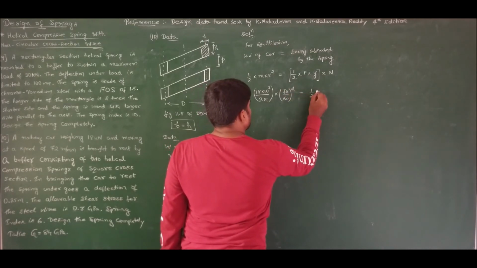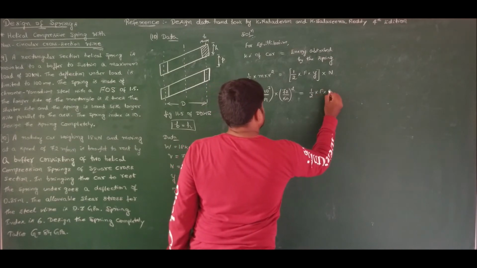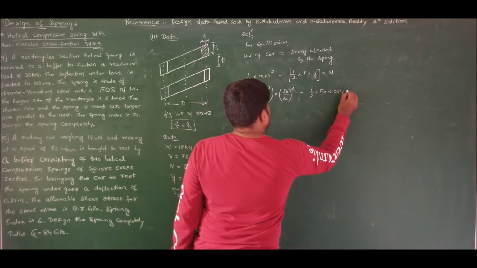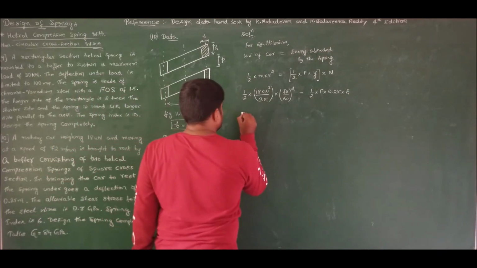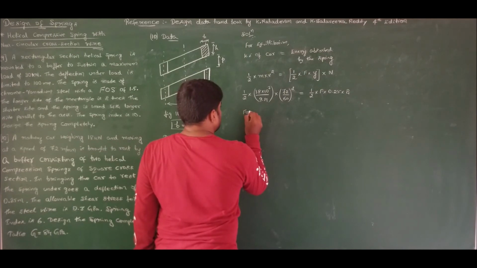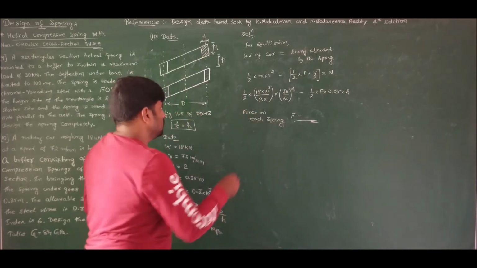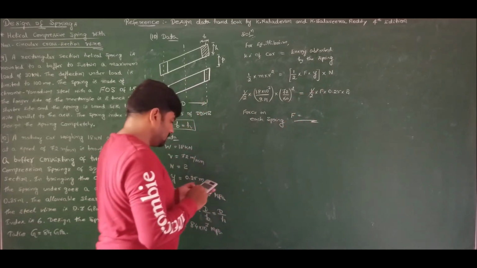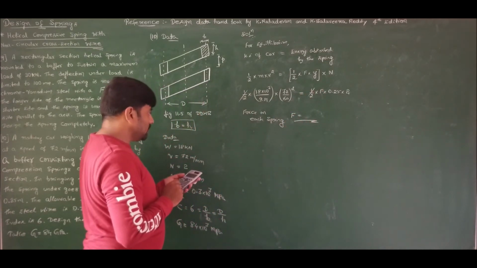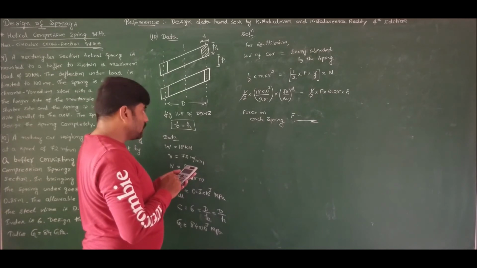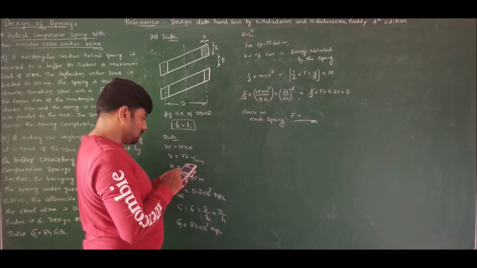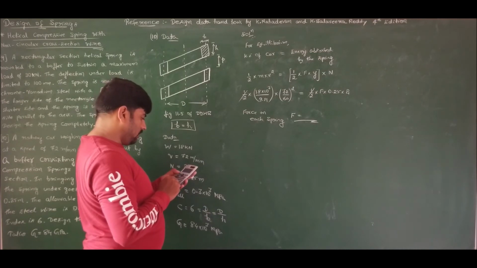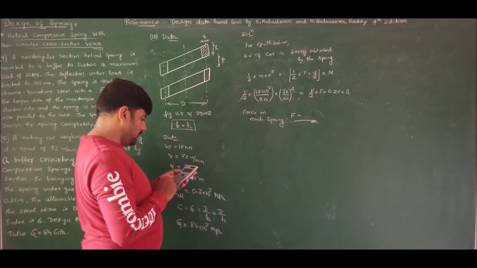This should be equal to half into F into Y 0.25 into number of springs is 2. So if I solve force on each spring F will be, so cancelling off on both sides, I'll get 18 into 10 to the power of 3 into 72 square divided by 9.81 into 60 square, this is equal to F into 0.25 into 2.